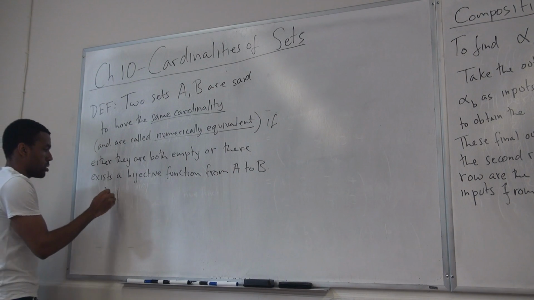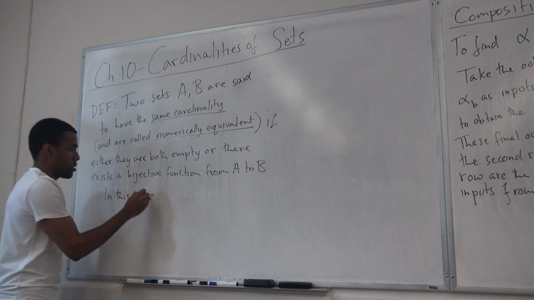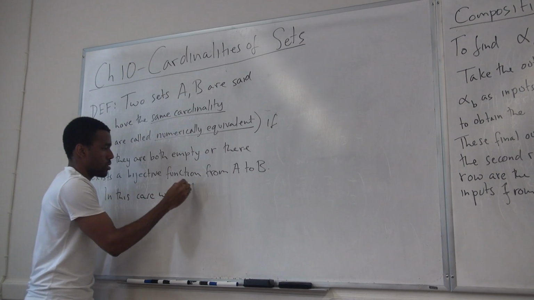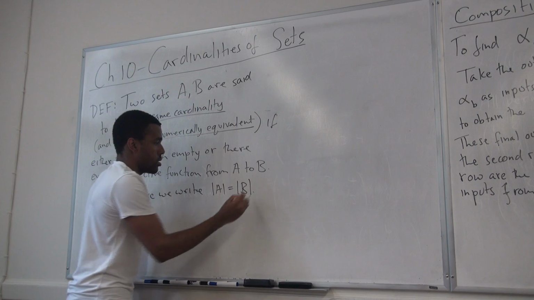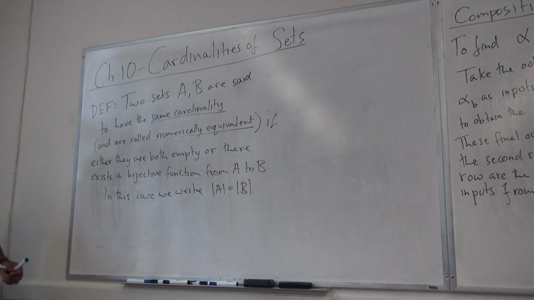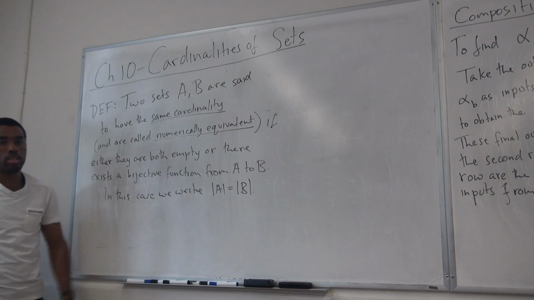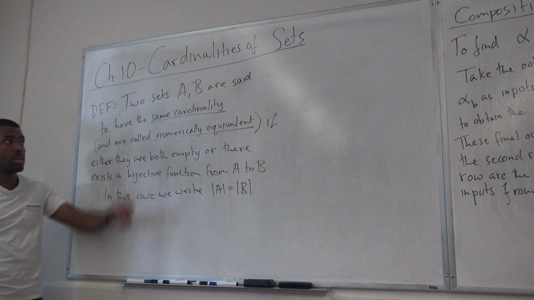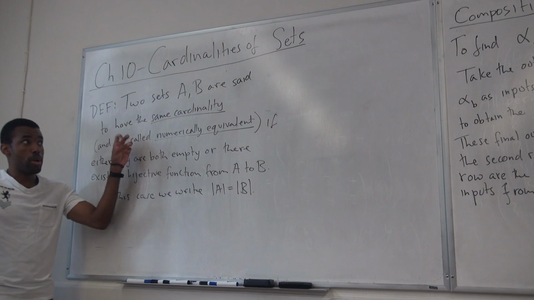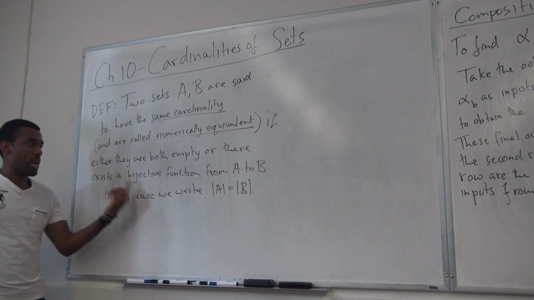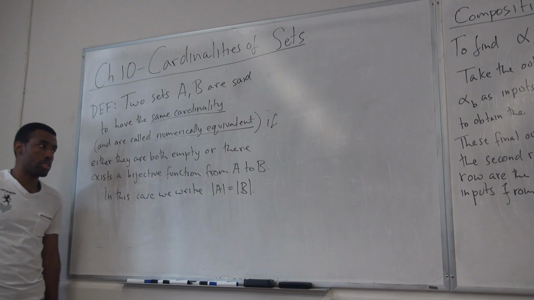In this case, we write the size of A is equal to the size of B. So this is talking about two sets, and I can compare them in terms of size. I can know they have the same cardinality, that is the same number of elements, and we can say they're numerically equivalent if I can find a bijective function from one set to the other.